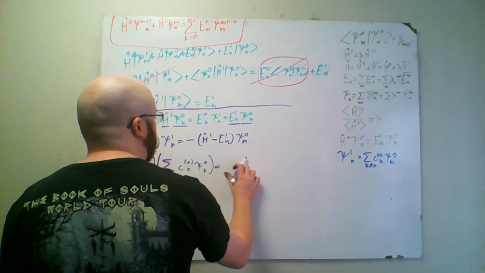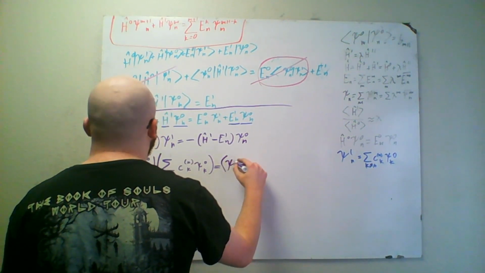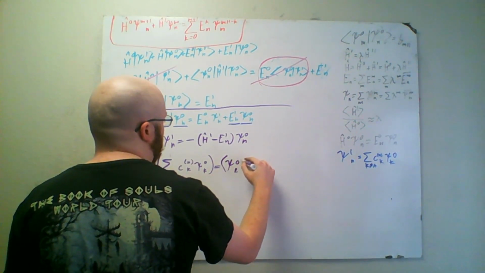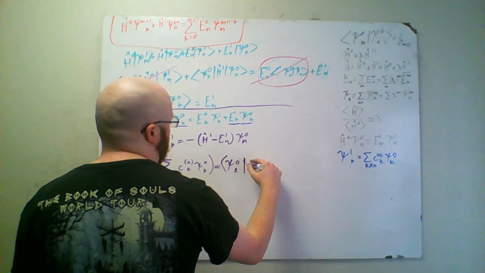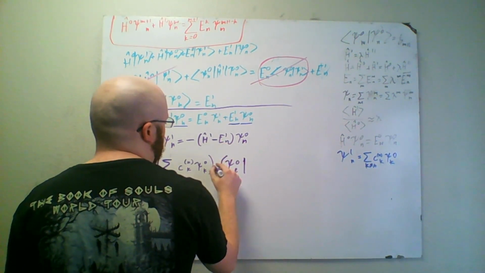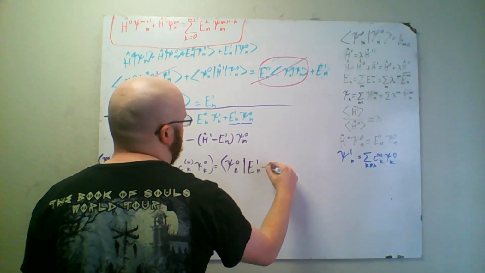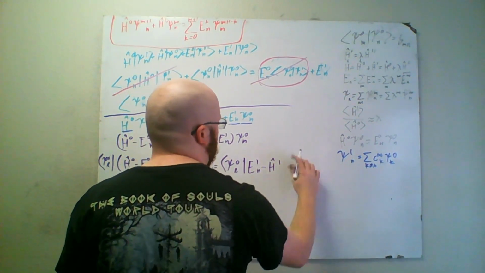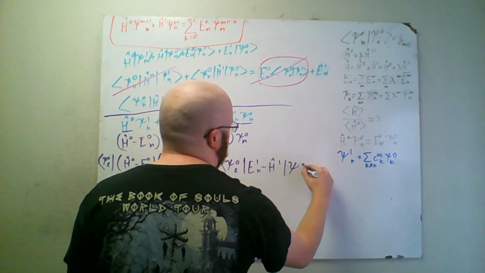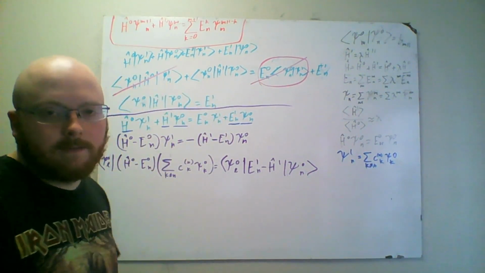So we'll do psi 0 L. I'll move the negative sign in. It's not that big a deal. Prime psi 0 n. Okay.